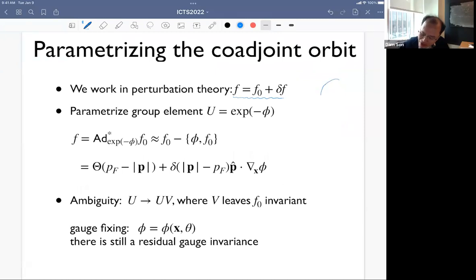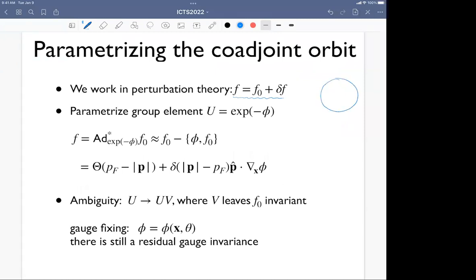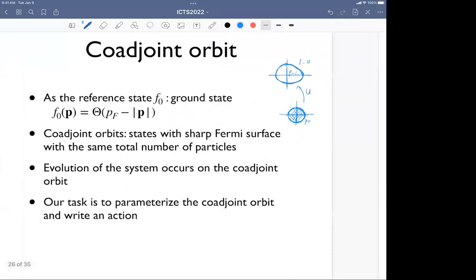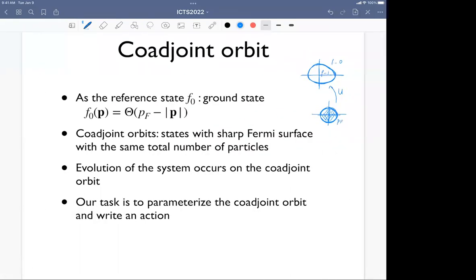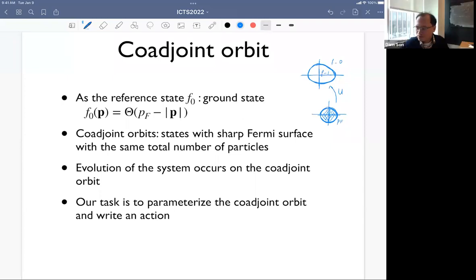Can I ask a quick question about the previous slide? Sorry, you explained this, but I missed it. Why does it never exit the coadjoint orbit? Because Landau's Fermi liquid theory has the property that the Fermi surface is always sharp.